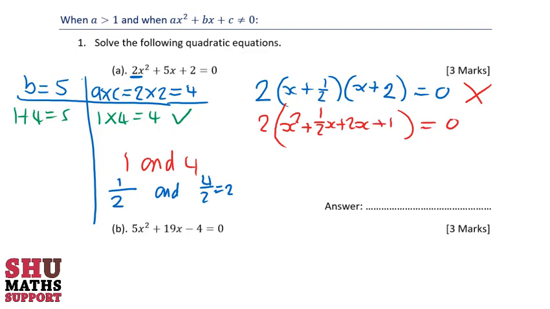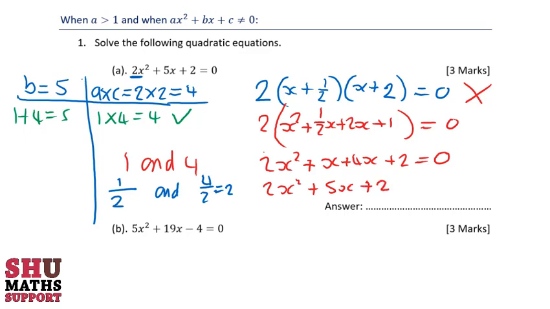And then we times everything by the 2, so we get 2x squared plus 2 times 1 over 2x, which is 2 over 2x, which is just x. And then 2 times 2x, which is 4x. And then 2 times 1, which is 2, and that's all equal to 0. And then we'll just simplify that to get 2x squared plus 5x plus 2, which is exactly what we started with.